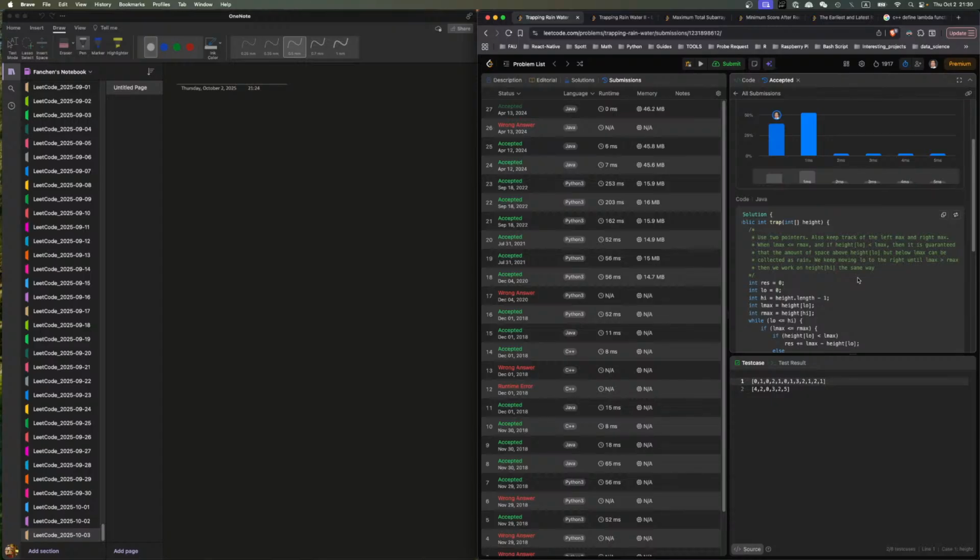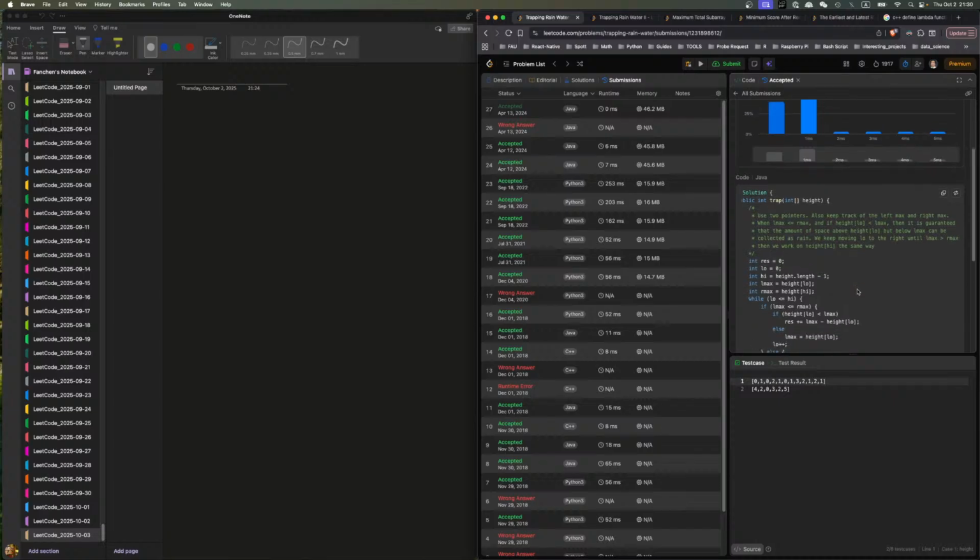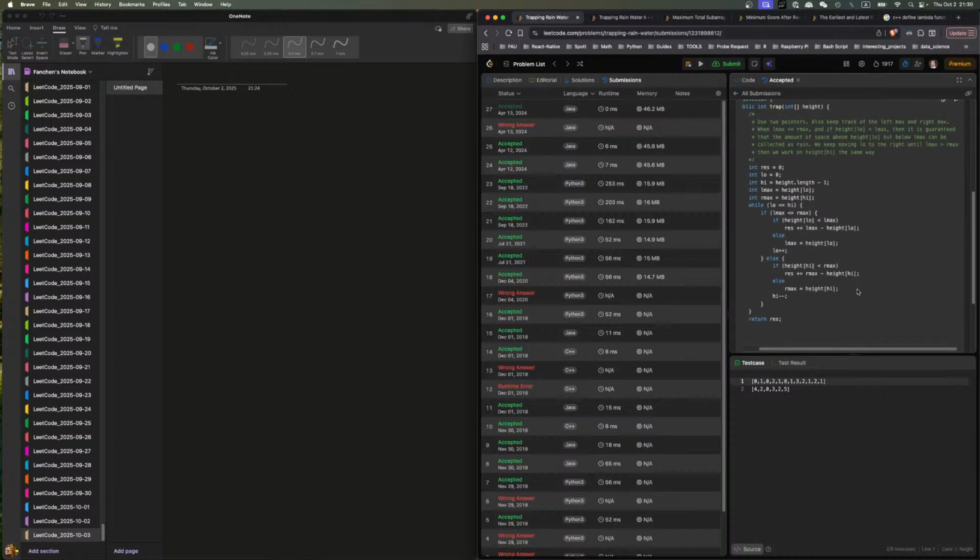So if it's smaller, then because we have higher on the right hand side, right? It's guaranteed that this amount will be trapped. So we add this, and then we add this, we add this. But if the left gets higher, then the right can move. So that's basically how we're gonna go. Yeah, we have a low and high, left and right.